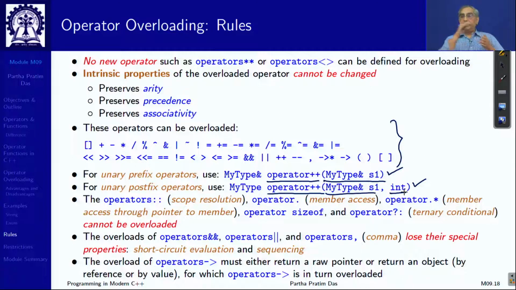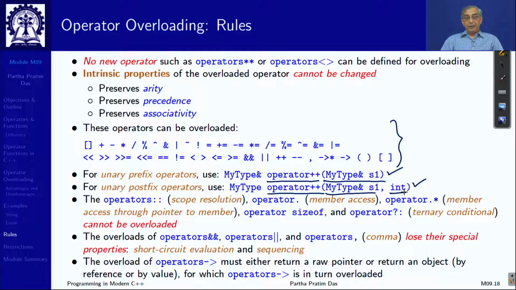The similar thing holds for OR. There is a comma operator which sequences the different expressions and so on. So, these kinds of properties will get lost if you overload the operators. Last but not the least, if you overload the pointer operator, the indirection operator, then that must return a pointer.